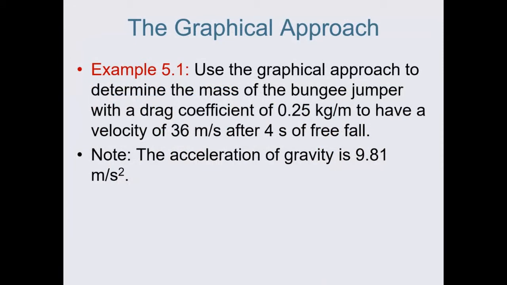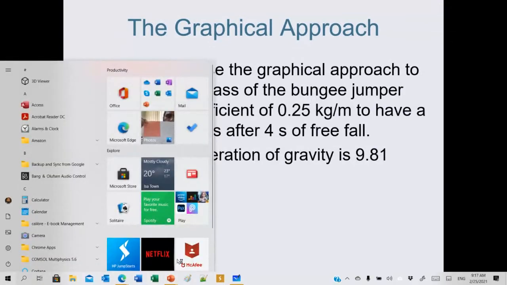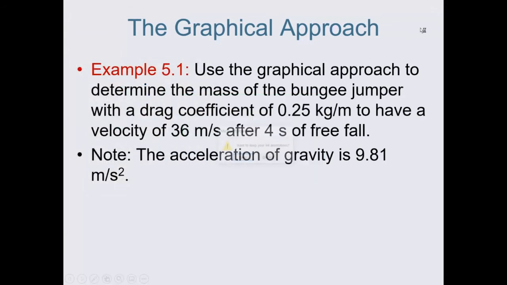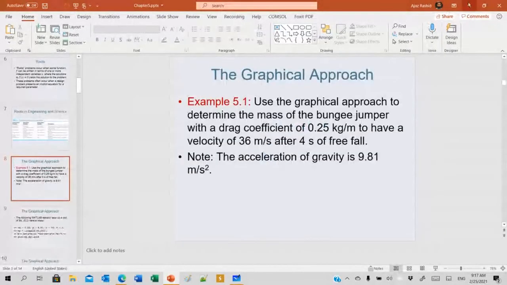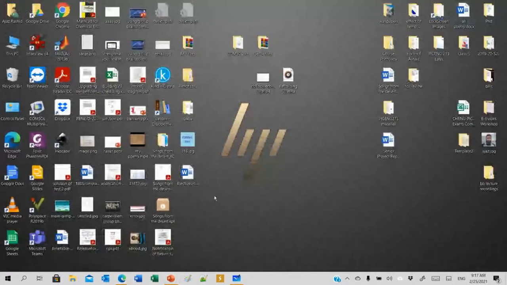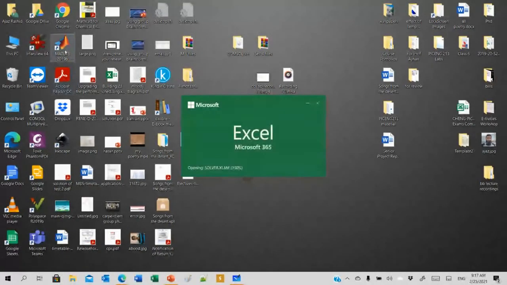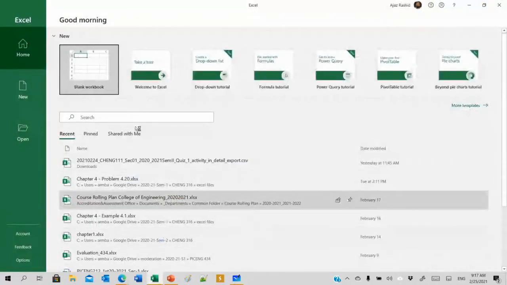We look first at the graphical approach. It says: use the graphical approach to determine the mass of the bungee jumper with a drag coefficient of 0.25 kilogram per meter to have a velocity of 36 meters per second after 4 seconds of free fall. Let me copy this. I'll go to Excel. Let me open MATLAB as well.